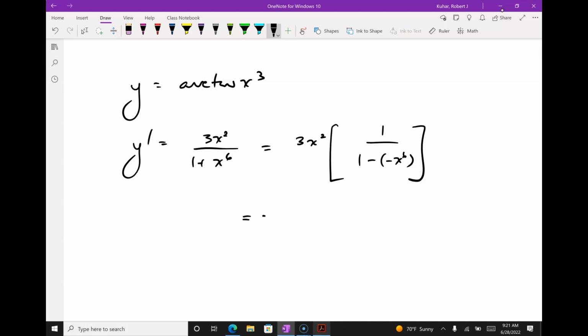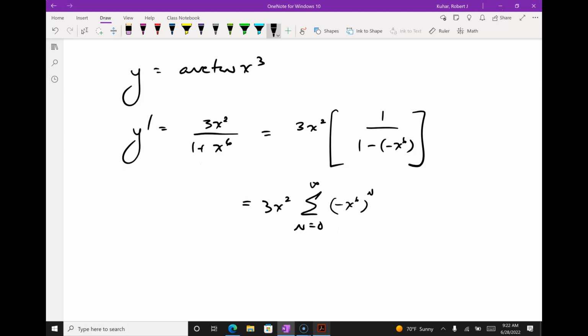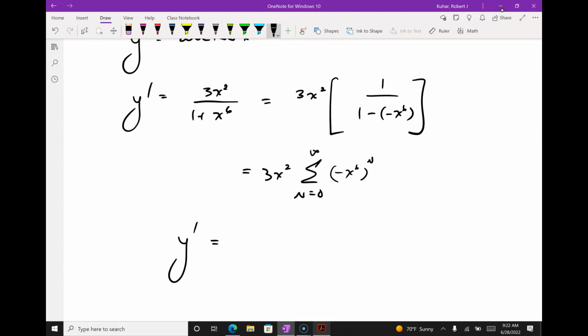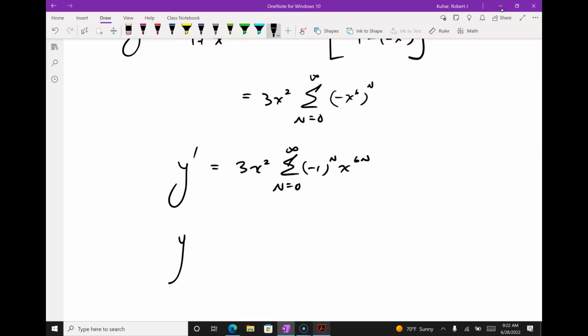So what do I get? I get 3x squared times the sum of n equals 0 to infinity of negative x to the 6th to the n. So I can pull all of this into my series, knowing that I have to integrate.